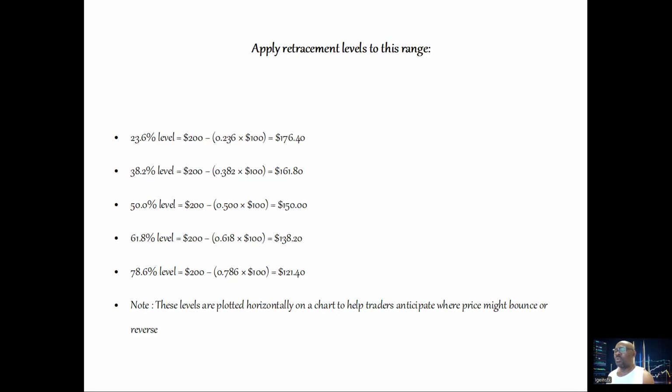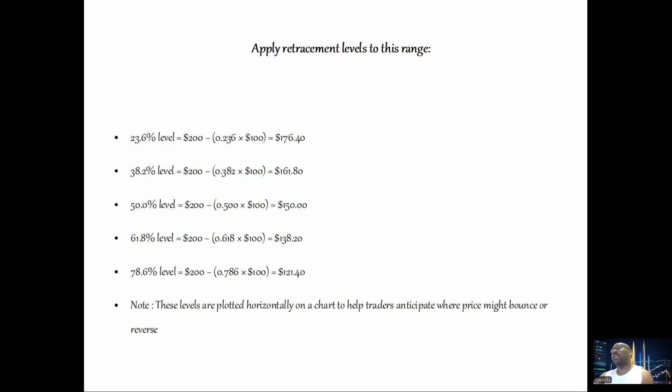What did you see? You see 23.6, right? Then you now say 200 minus 23.6. What do you get? 176.4.